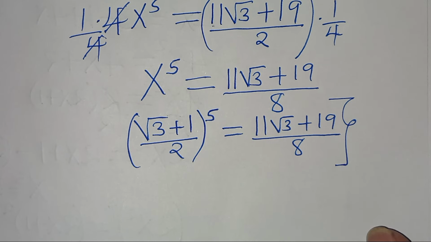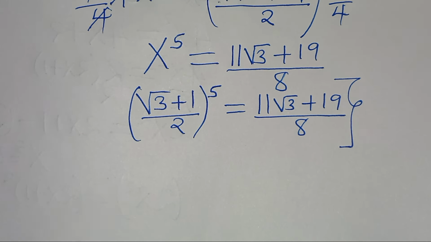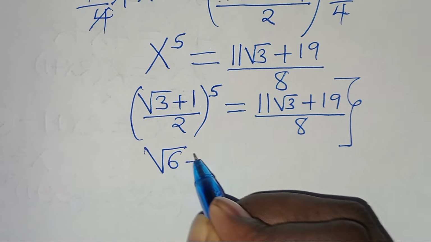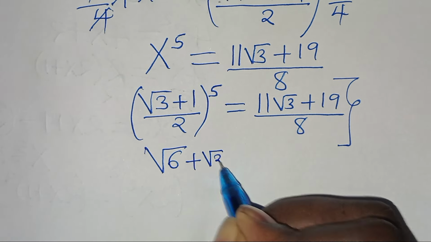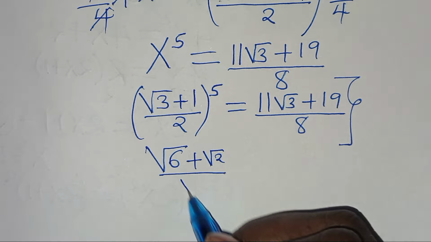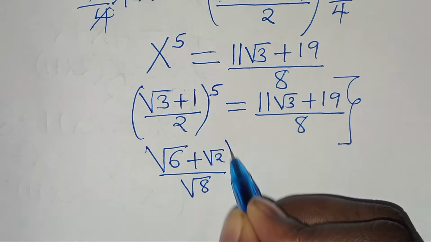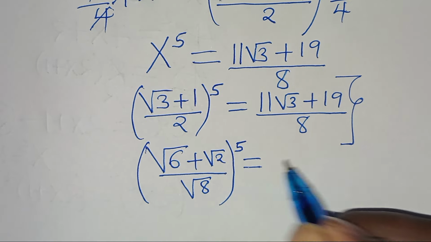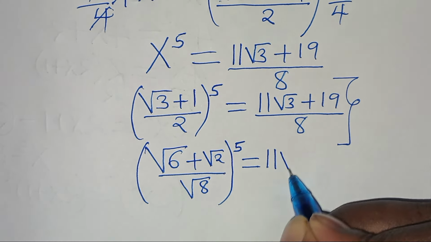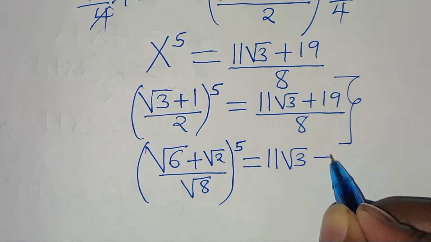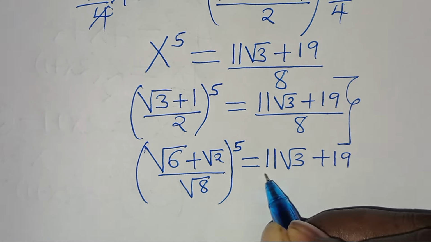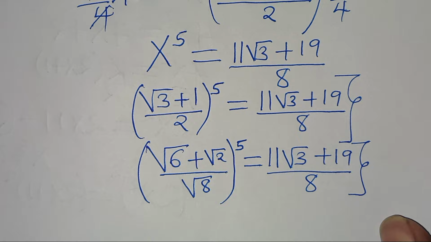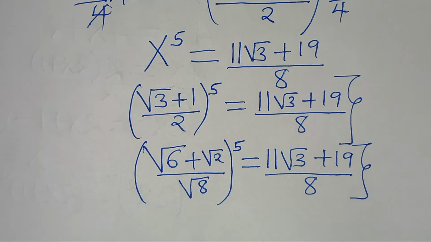And this implies that root 6 plus root 2 divided by root 8 raised to the power of 5 is equal to 11 square root of 3 plus 19 divided by 8. And this is the solution to this algebra problem.